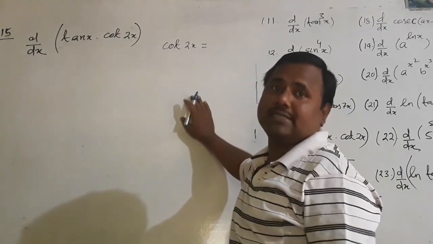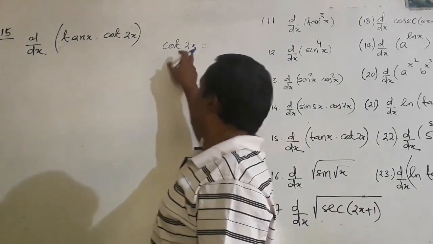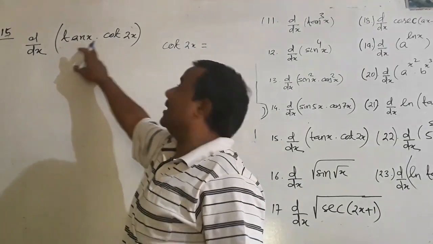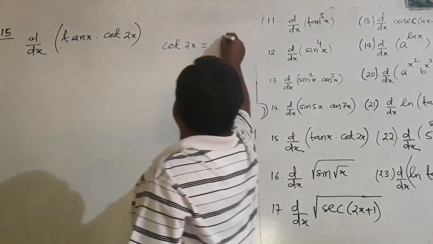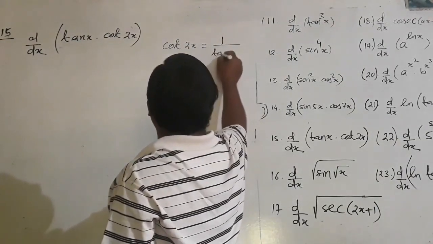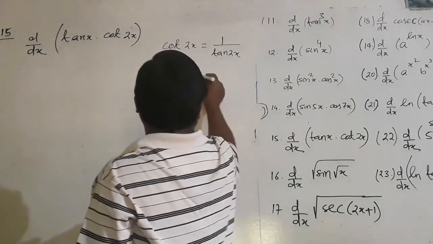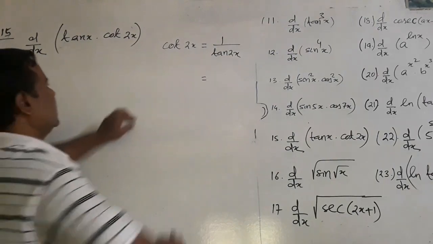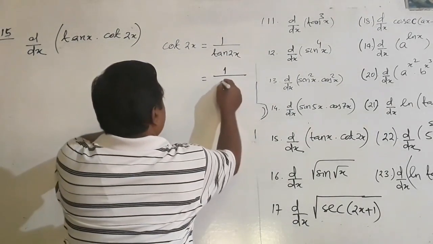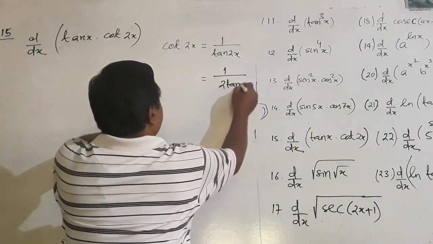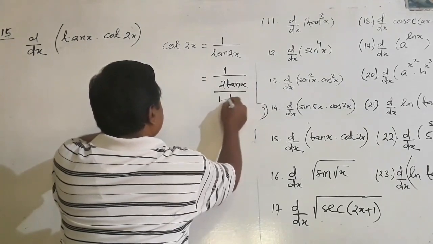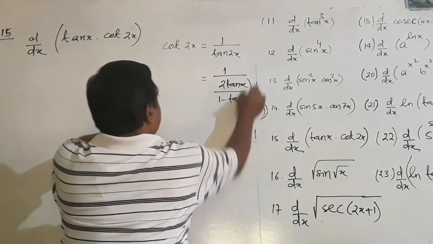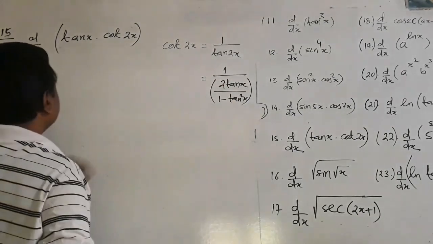But I am not asking you that formula. You apply the formula for tan x here, since cot 2x is naturally 1 by tan 2x. And you know the formula of tan 2x is 2 tan x by 1 minus tan square x. So cot 2x is 1 minus tan square x by 2 tan x.